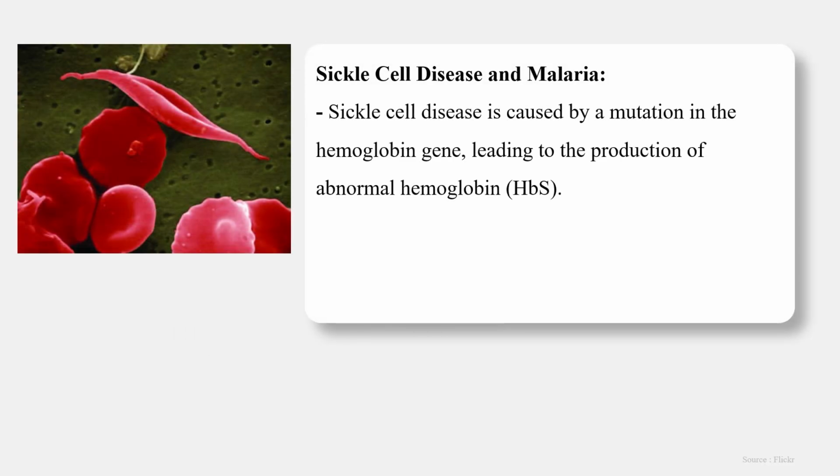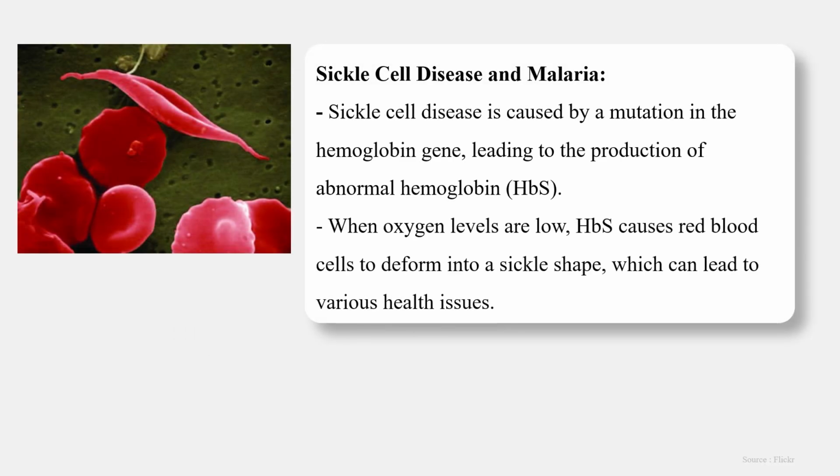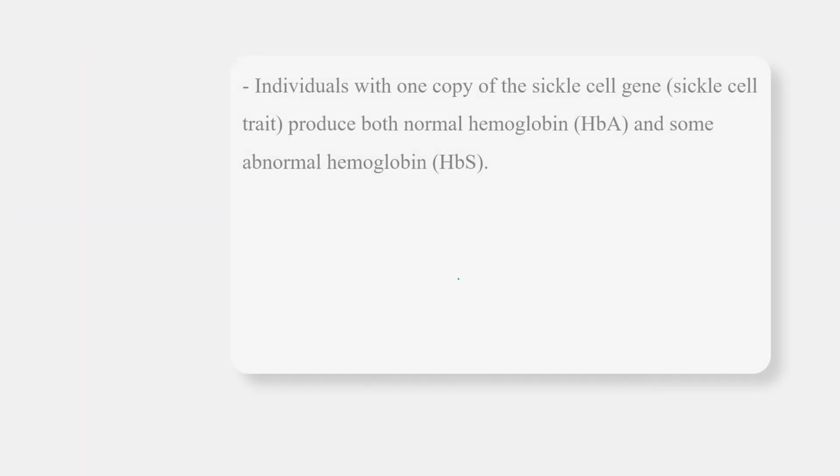Similarly, the third example is sickle cell anemia and malaria. Sickle cell anemia or sickle cell disease is a disease caused by a mutation in the hemoglobin gene, leading to the production of abnormal hemoglobin with a sickle-like structure, where oxygen level is low, right? So sickle cell hemoglobin causes RBCs to deform into a sickle shape, which can lead to various health issues.